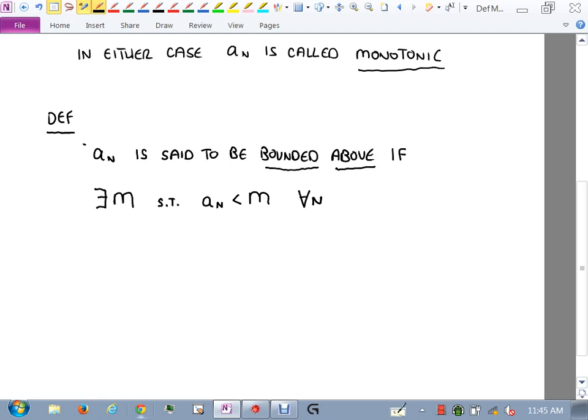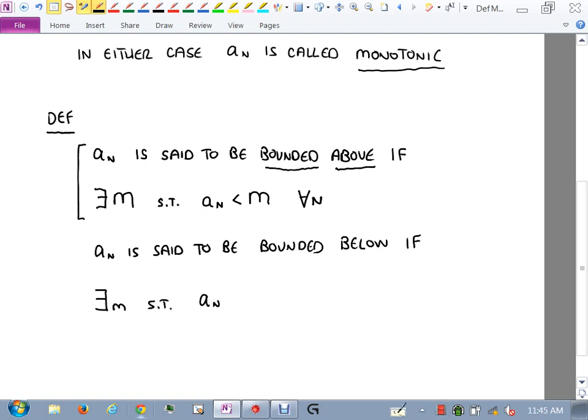So the other definition here is that A sub n is said to be bounded below if there exists a little m such that A sub n is greater than little m for all n.